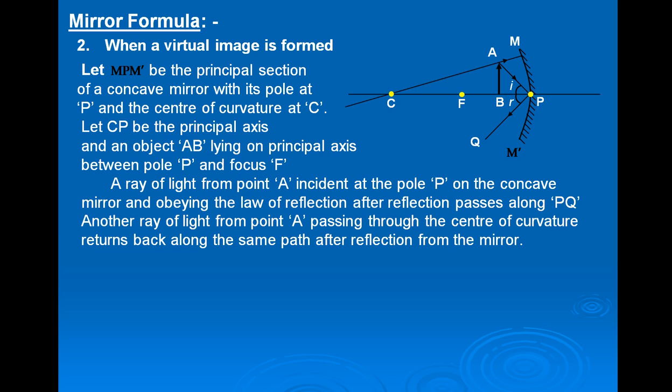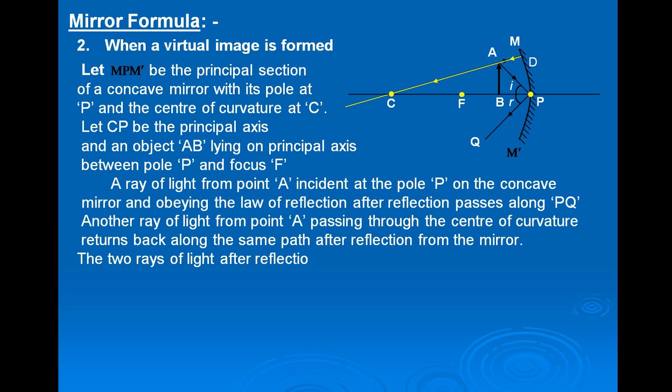AD is this other incident ray, passing through the center of curvature and incident on the mirror at point D, and it returns back along the same path.